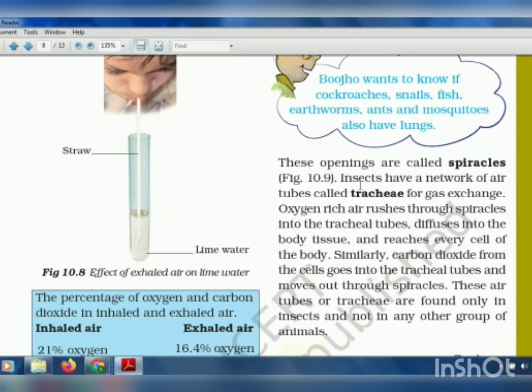Insects have a network of air tubes inside their body. The air that has gone into their body through the spiracles goes into the air tubes called trachea, and then it reaches each and every cell of its body, and the food that is stored in the cell is converted to energy, and energy is given to their body. So this is how it works in a cockroach.